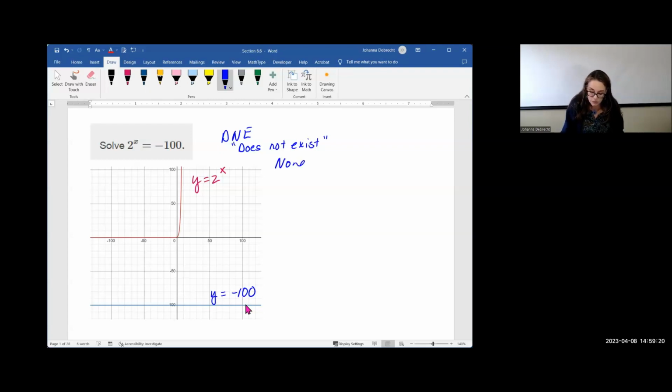Sometimes you can also write none, right? So when we're looking at this, think about what led to this result. I took a positive number 2 and I raised it to a power. Remember that the answer parts can only be strictly positive because the base is positive. That means I have a positive equal to a negative, which I know has no solution.